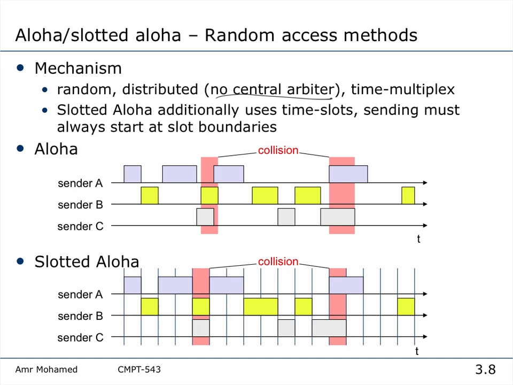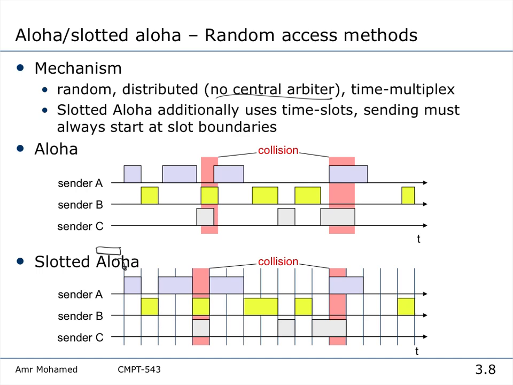The only restriction I'm adding is that if node A has data to send, it should wait for the beginning of the time slot to send. It cannot just send right away. This means the transmission here is not asynchronous. It's synchronized at specific time slots. This is the only difference.